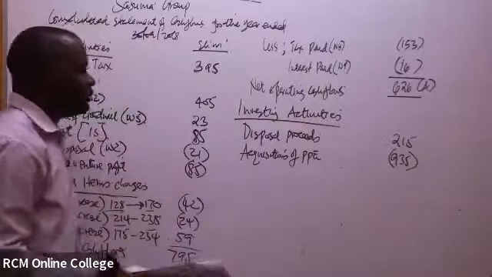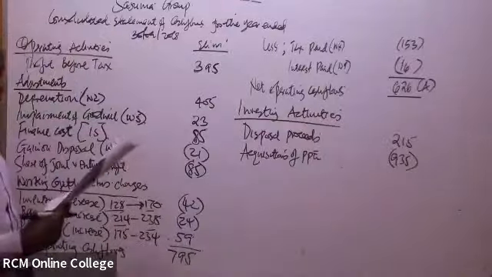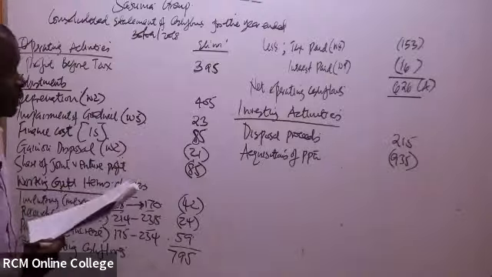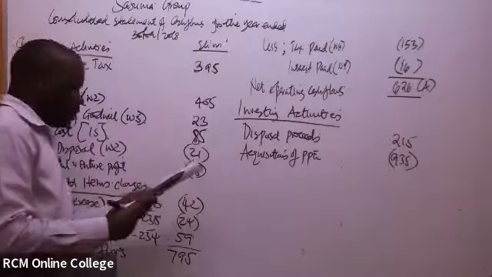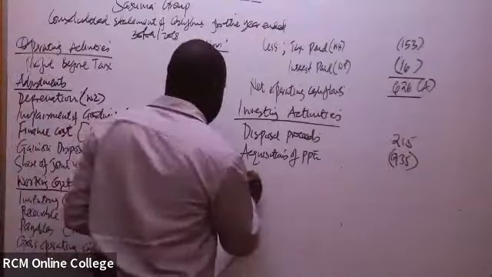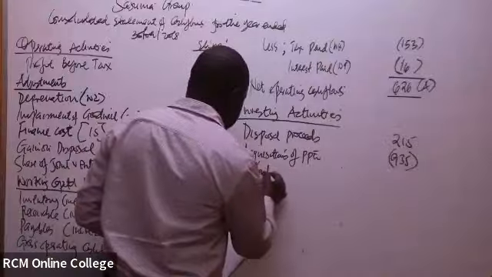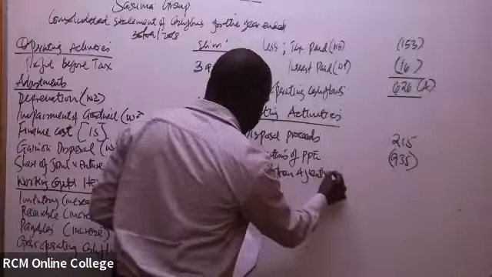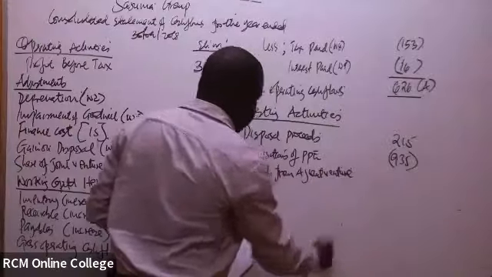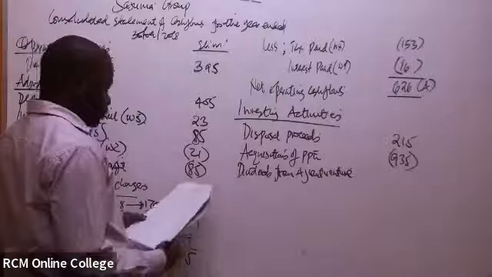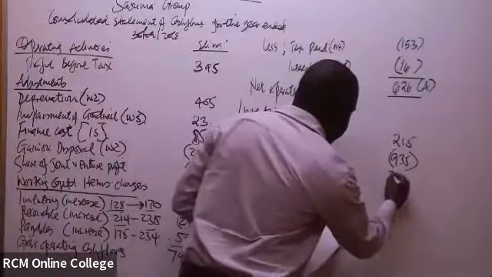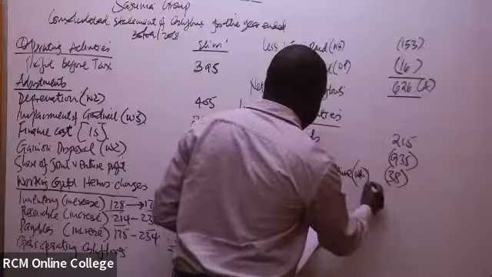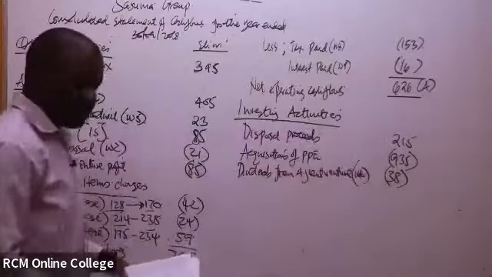Then from investing activities, they also got some dividends from the joint venture, which we've just done the working for. So we were having to get a figure of 38. I don't know, would it be working 10? Maybe you can call it working 10.